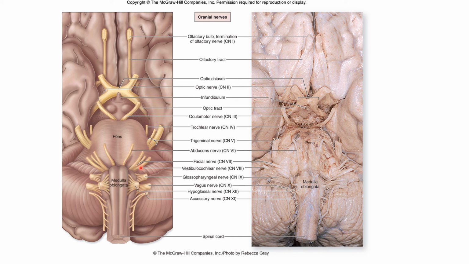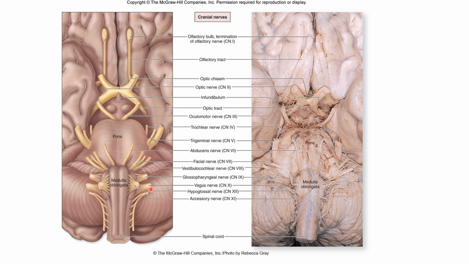Then we've got our facial nerve, which helps us move our face and salivate. Then we've got our vestibulocochlear nerve, and that one is for hearing and balance. This one right here is the glossopharyngeal nerve, and it's for tasting and swallowing.